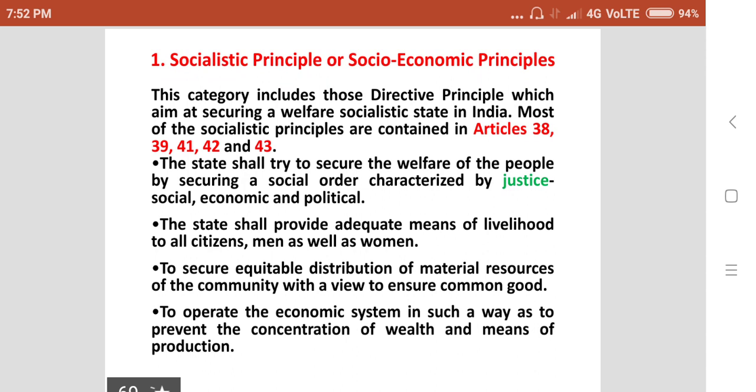Let us see what are the socialistic principles or socio-economic principles. This category includes those directive principles which aim at securing a welfare socialistic state in India. Most of the socialistic principles are contained in Articles 38, 39, 41, 42, and 43.